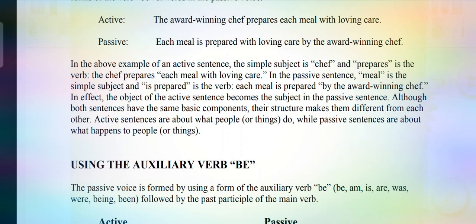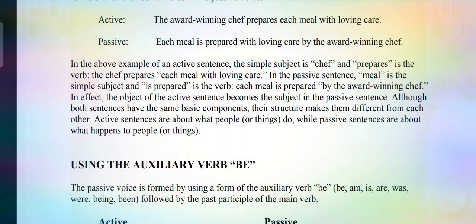Now we have to change this sentence into passive voice. Hockey is not played by me. Okay? Hockey is not played by me. In this sentence, something is happening to the people, to the subject, that I am not interested, means I do not play.